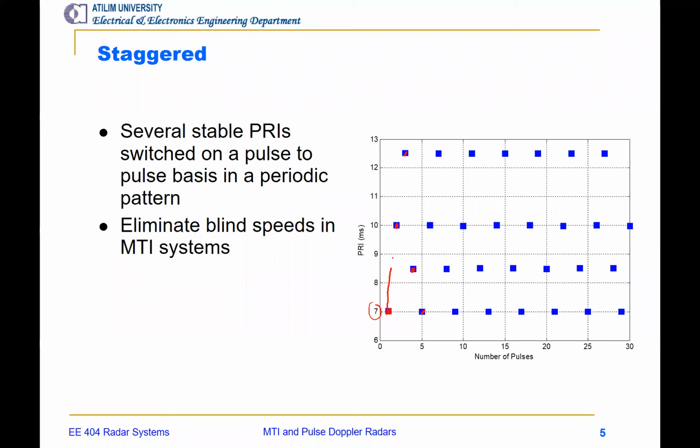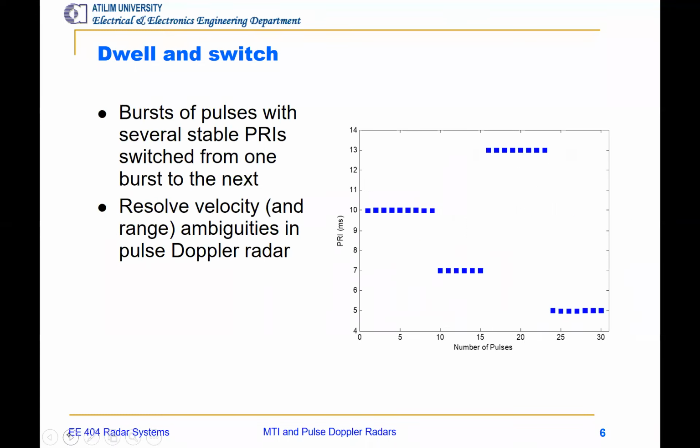So we got one cycle here, simply, and then repeat it. We'll be discussing this PRI type extensively in the next slides. It's very critical. The goal of this type of PRI is to eliminate blind speeds in MTI systems. We have already given two stagger systems in the previous lesson.